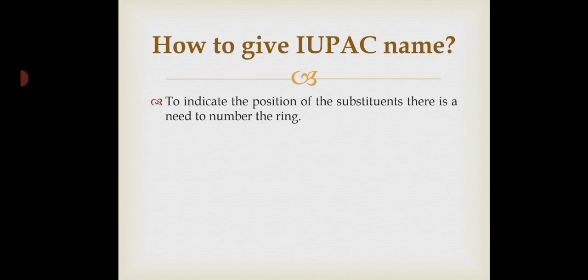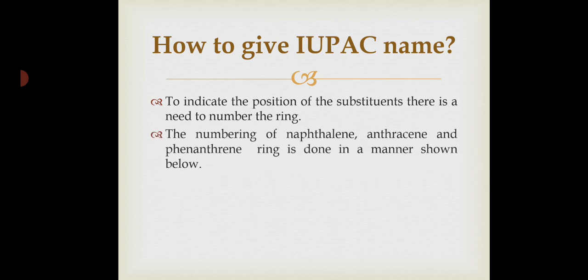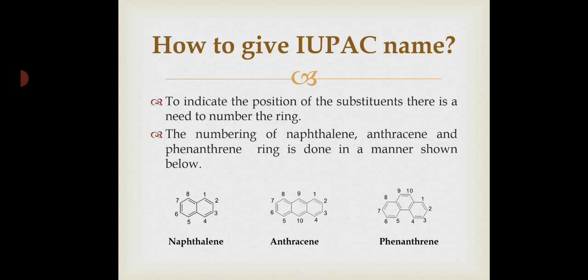To indicate the position on the fused hydrocarbon, for example naphthalene, anthracene and phenanthrene, there is a need to number the ring. The numbering of naphthalene, anthracene and phenanthrene rings is done in the manner shown below. In naphthalene, the numbering starts from this carbon and goes like this: 1, 2, 3, 4, 5, 6, 7, 8.